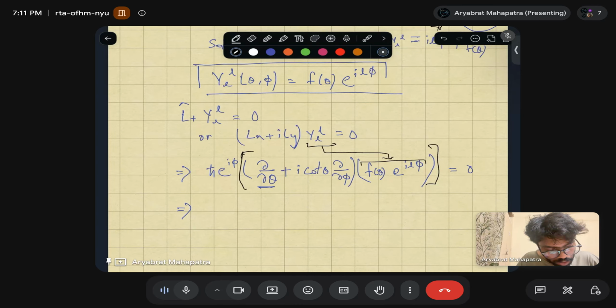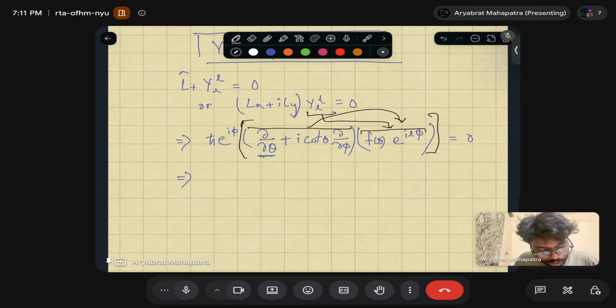Now you just have to operate this on here. The first differential operator, del over del theta, acts only on f, because the exponential is just a constant for it.